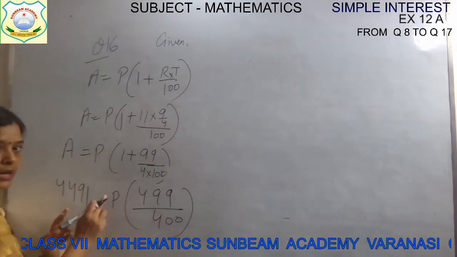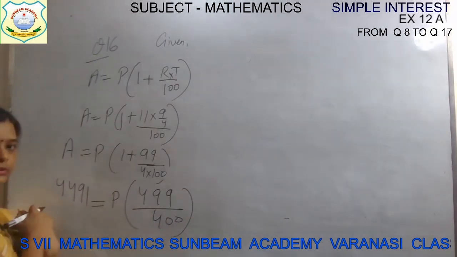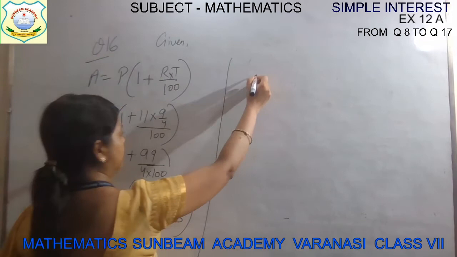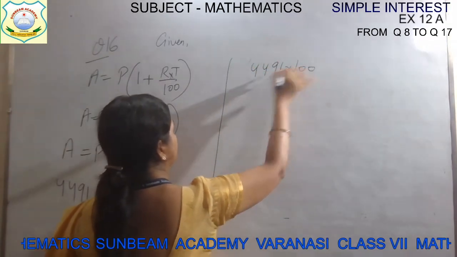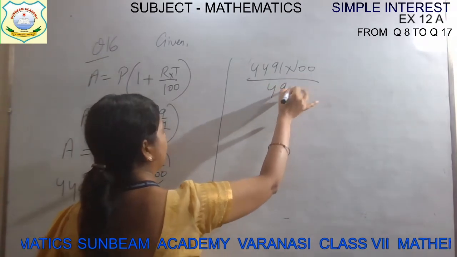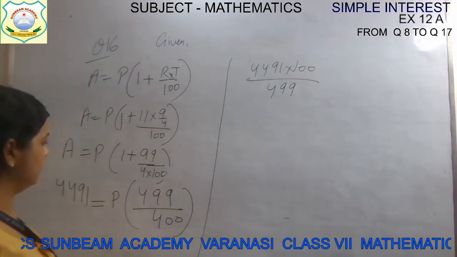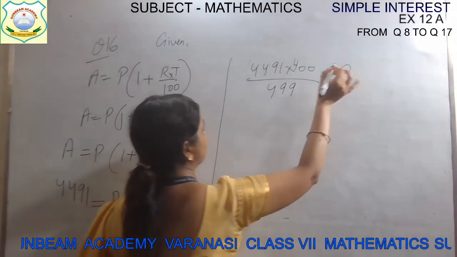Now this is P. Now we will keep P on one side and transpose the other term to this side. So now next step: 4491 into 100 divided by 499. Okay, not 100, it is 400. That is equal to P.